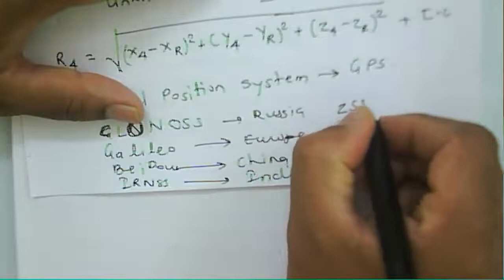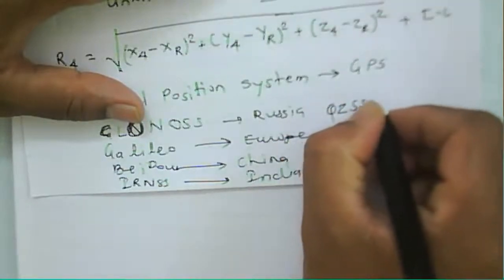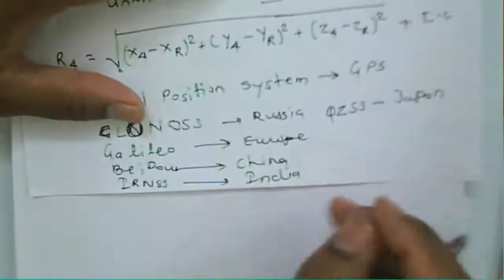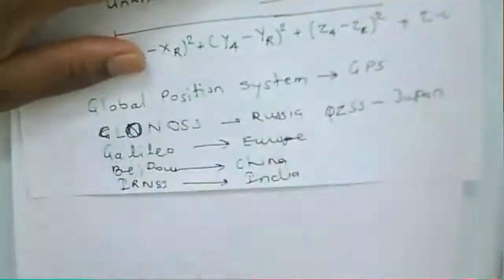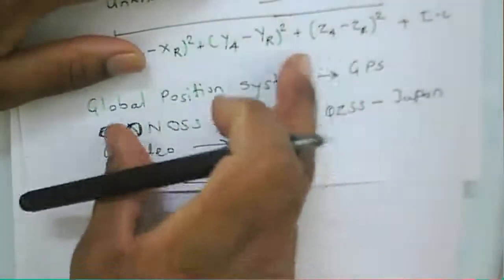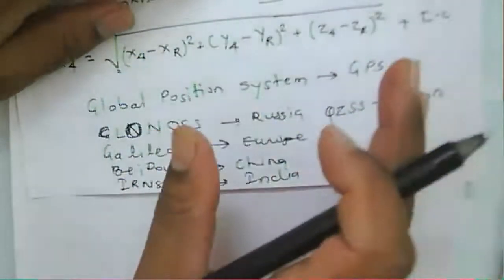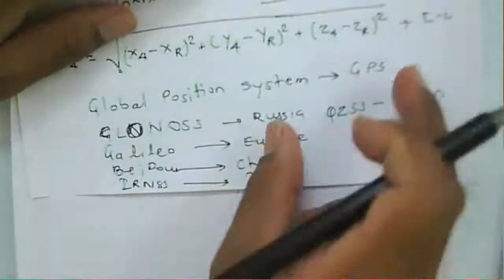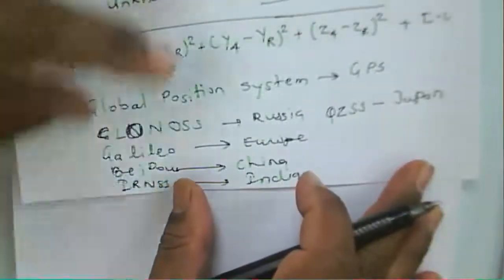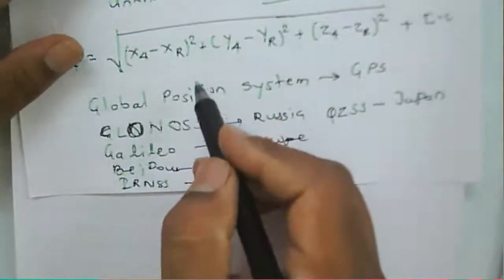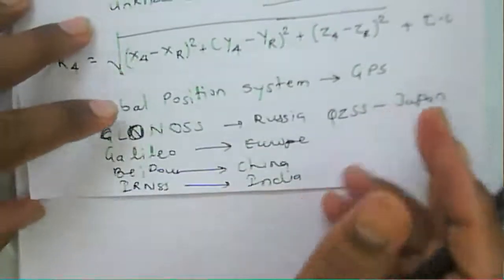Then QZSS by Japan. So these are the various systems used in various countries, the global positioning systems used for the navigation of a given particular object.